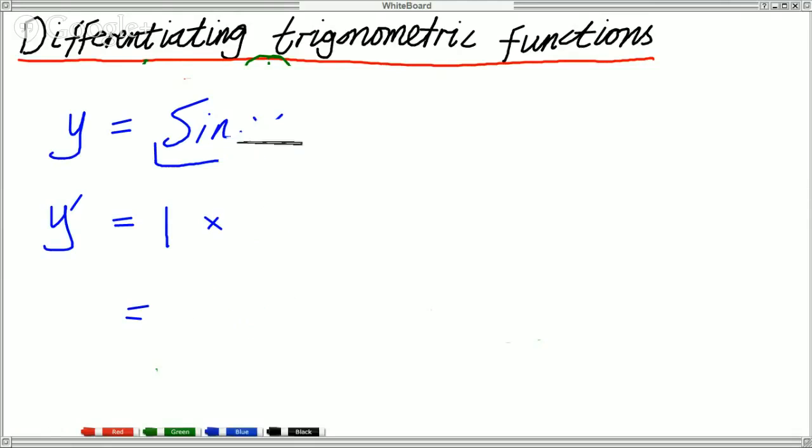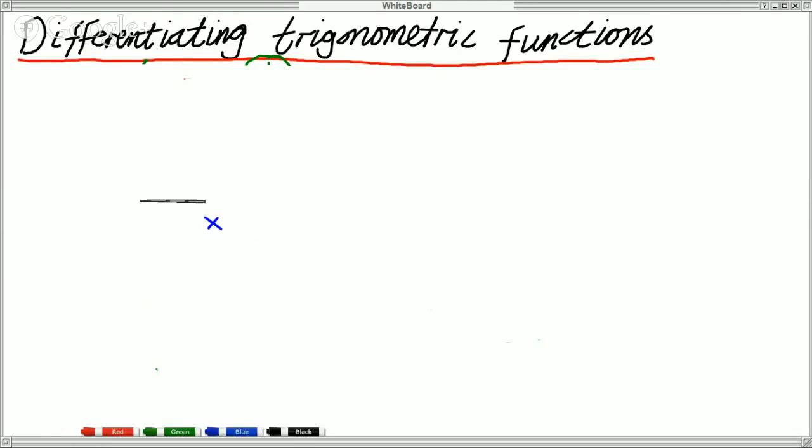Now, all the properties of tangents and normals and all of that stuff apply just as much with the trigonometric functions as they do with the other functions. So in the past, we've differentiated functions to find the equations of tangents and normals. And you can do the exact same stuff with trigonometric functions.